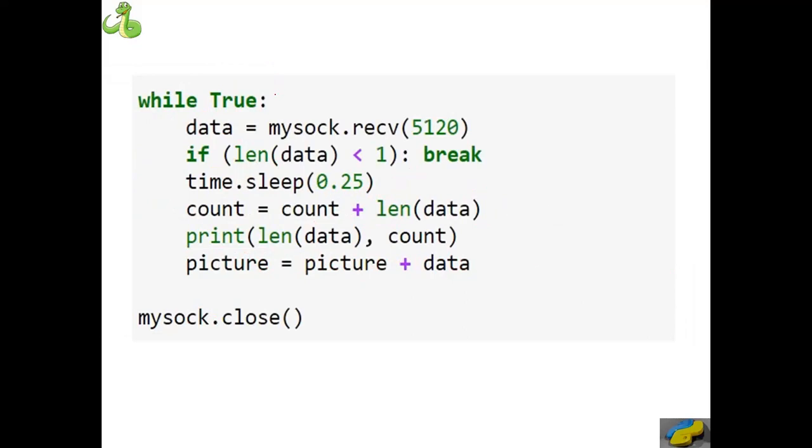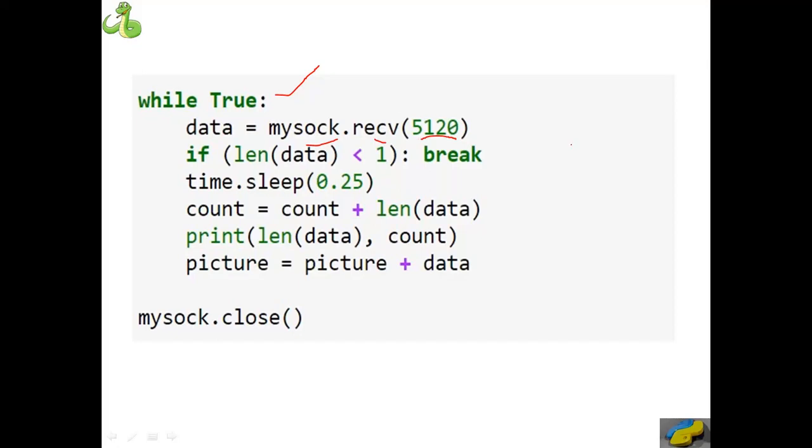Again I take an infinite loop because I don't know how many bytes are there in that particular file. So again I use that handle, which is my sock dot receive function, and I have already told you I am free to write the number of bytes as I wish. You can read 1 byte at a time, but the program will take a lot of iterations. 512 was what we had written in the previous program, but here I am going to read 5120 bytes at a time.